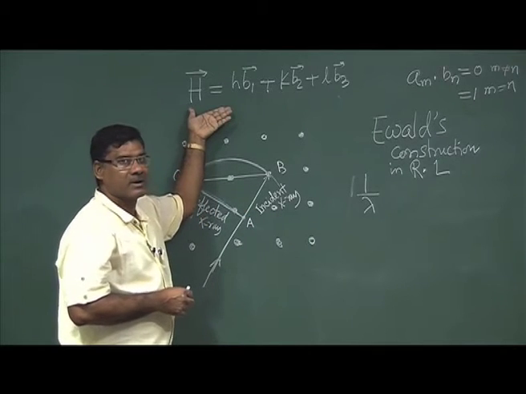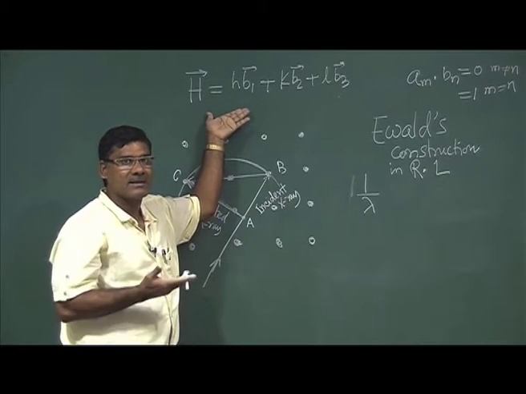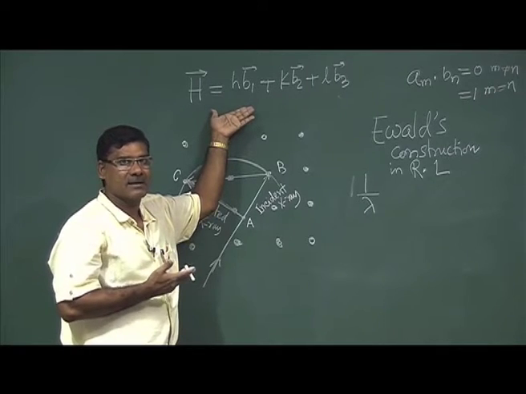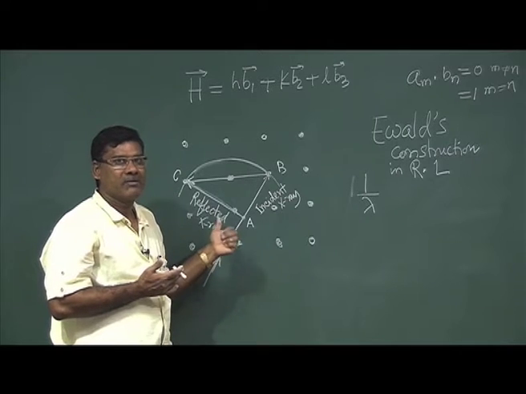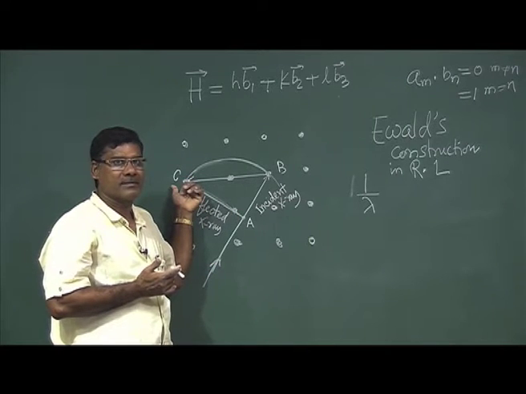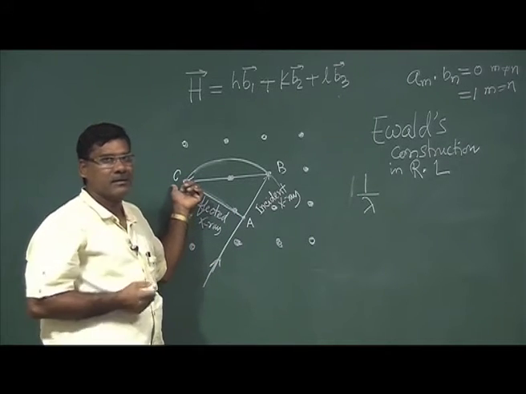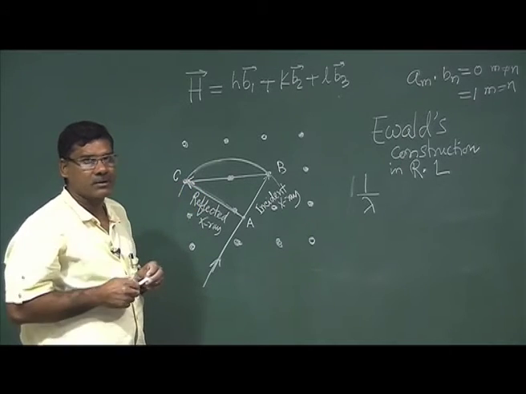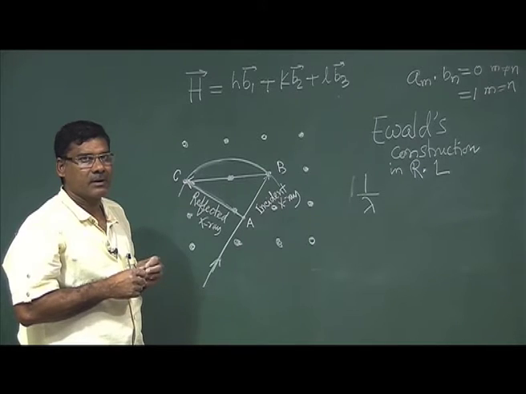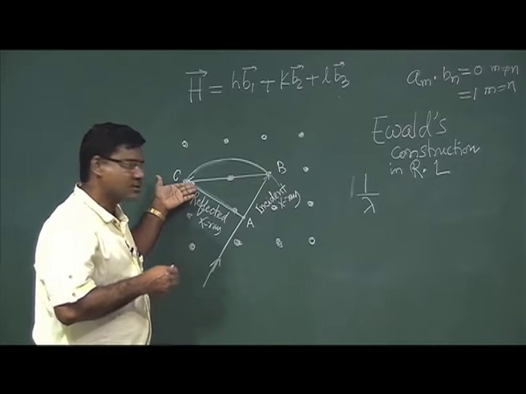satisfying the Bragg condition, right. If the Bragg condition is satisfied, then you will get reflection in that direction, which means you will get the diffraction spot, that is what we know.